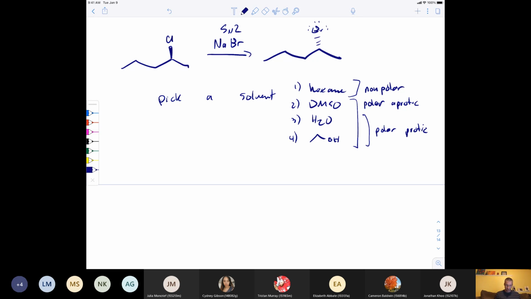And the best one to use for an SN2 is polar aprotic. So I would pick DMSO out of this list. If it was an SN1 you were trying to do, then polar protic would be better, because polar protic stabilizes formation of ions like carbocations, so it makes carbocation formation easier.